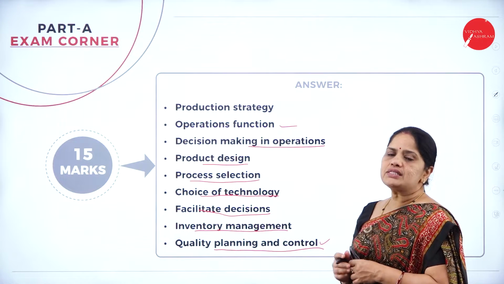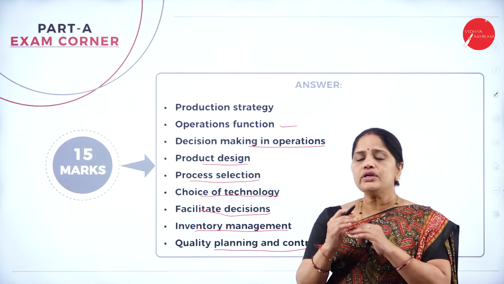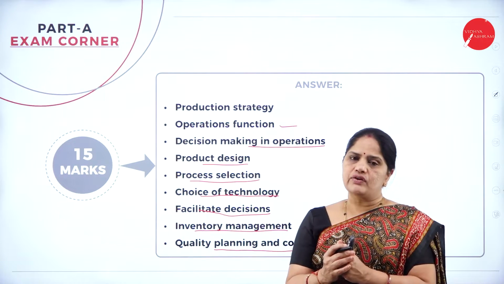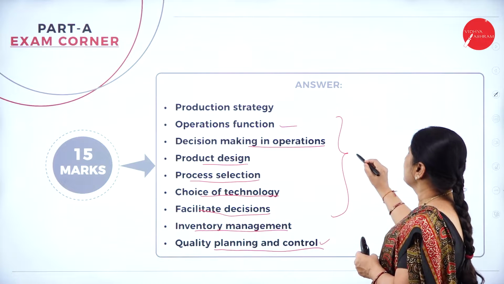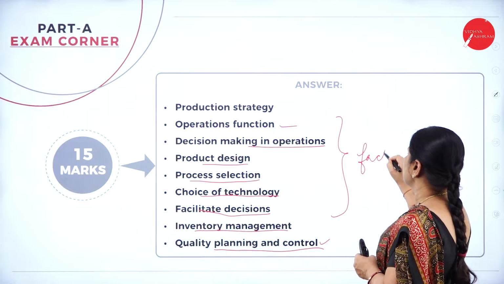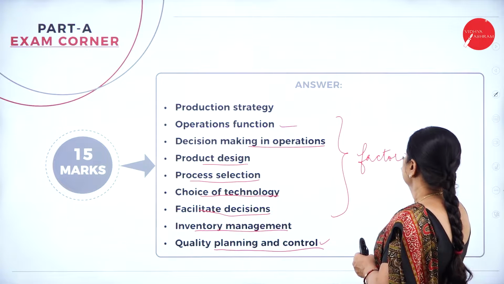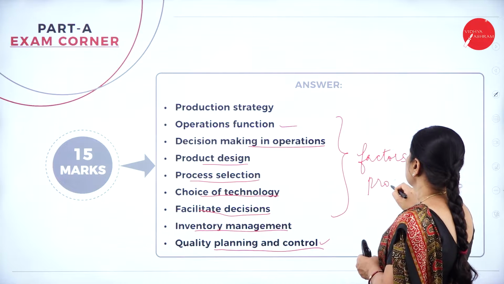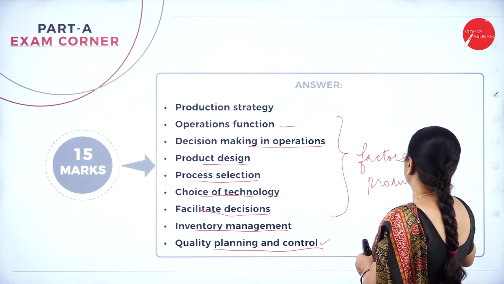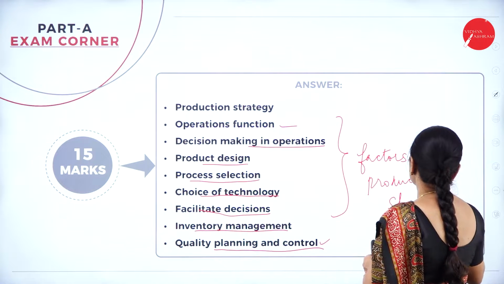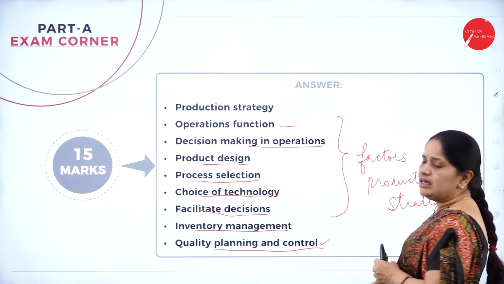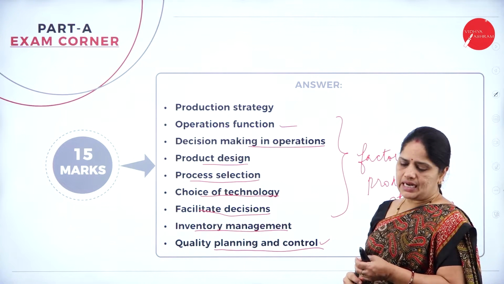Quality control means how you try to maintain the quality of the products. So these are the various factors which affect the production strategy. The production strategy has to be formulated based on these factors because they directly affect the production of the organization.